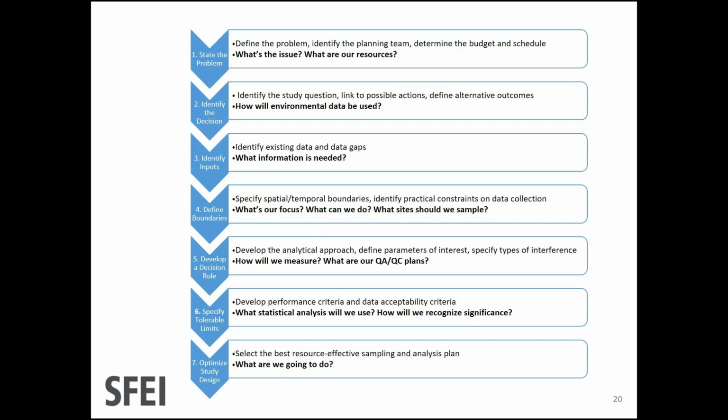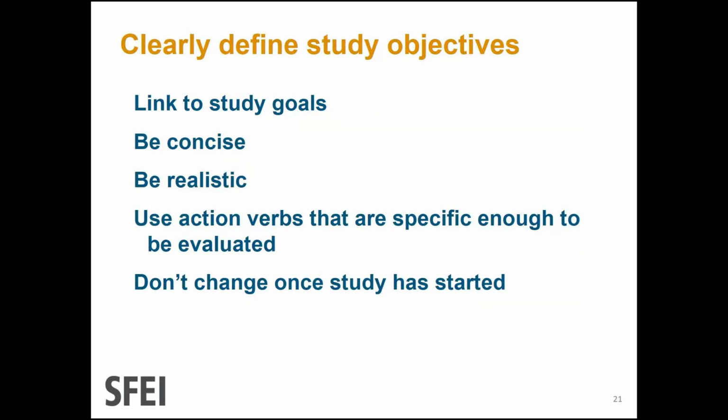So we did not actually use this framework for designing our study, but I am going to point back to the different steps when I talk about things that we think were really important in our study design. So one thing that is quite important and is easy to overlook is to have really clearly defined study objectives.